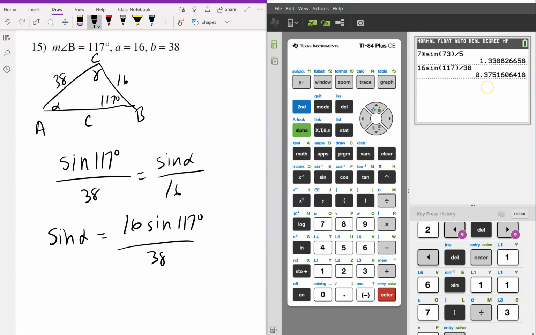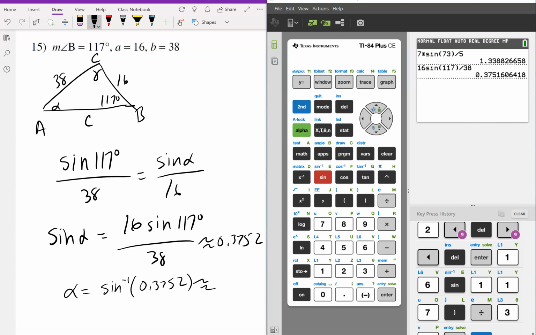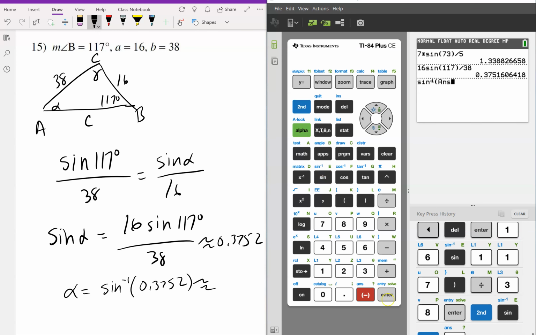Notice that this is less than 1. This is approximately 0.3752. So I can do the inverse sine. So just use the calculator, inverse sine of the previous answer, and we get 22.0342.